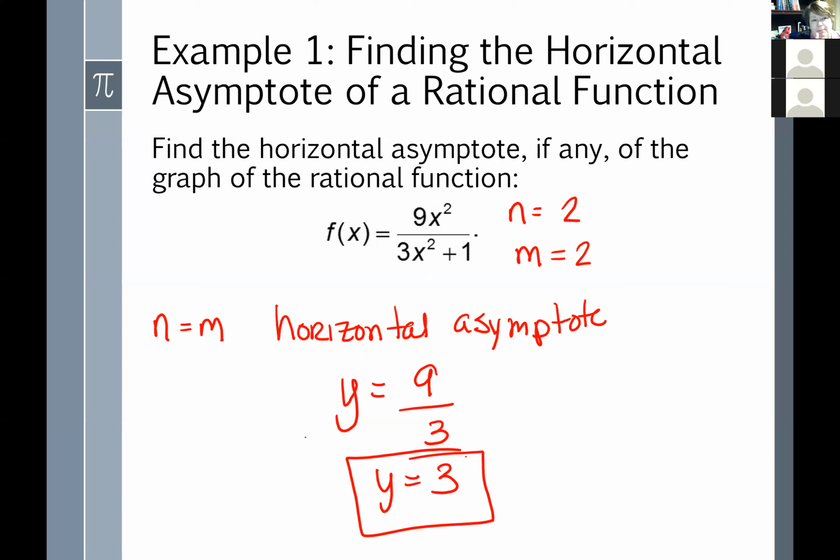Let's ponder the behavior of this function as x increases without bound. So as the value of x gets bigger and bigger, what happens to f of x?